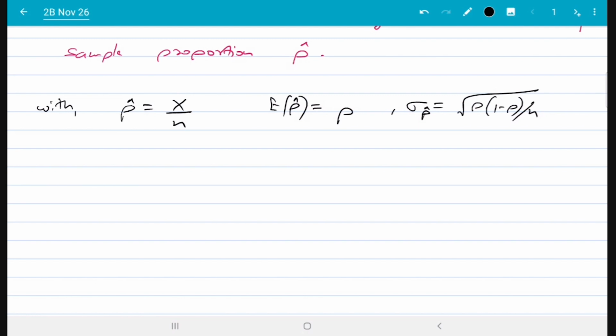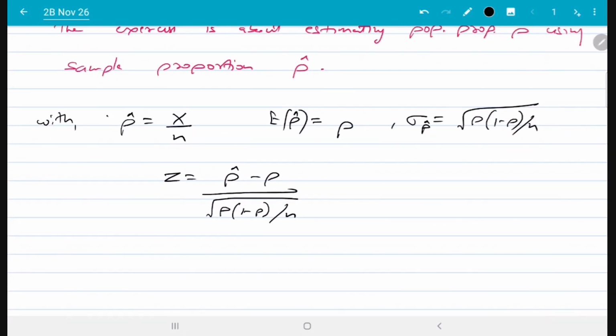Okay, now what we need is another random variable which satisfies the two properties mentioned at the beginning of the lecture. That random variable is the standard normal. Okay, now how do I claim that p hat follows normal distribution?